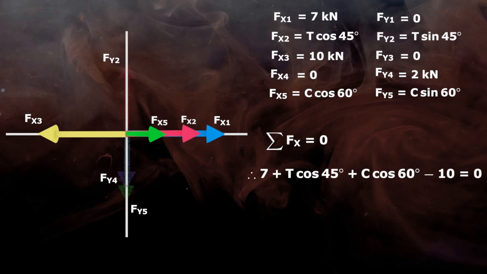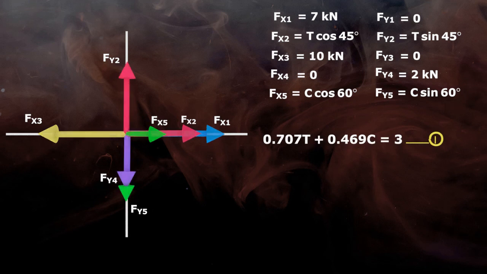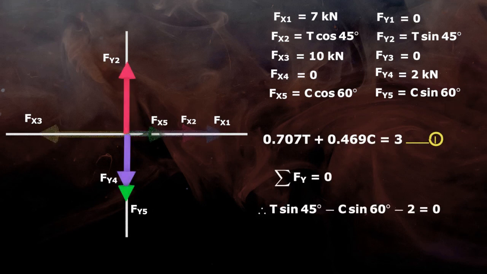As Rx is equals to 0, we get 0.707T plus 0.469C is equals to 3, which is our first equation. Similarly, all vertical forces are to be added to find resultant force Ry.